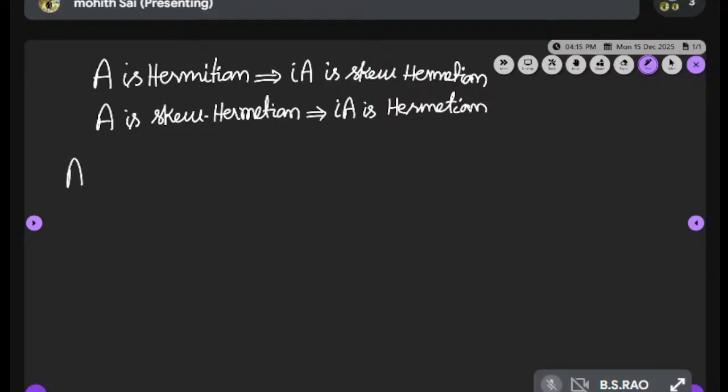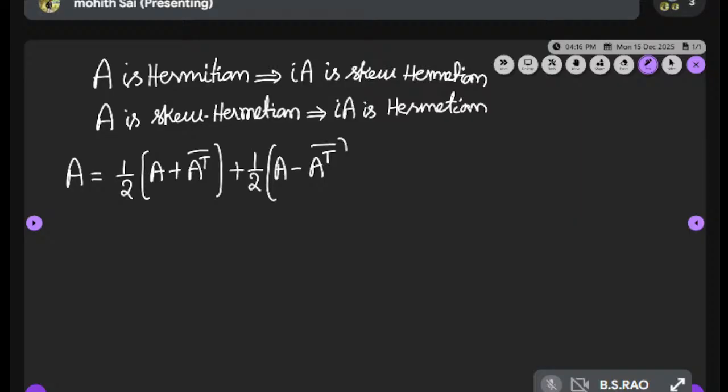Now, write an important result. Every square matrix can uniquely be expressed as the sum of a Hermitian and a skew Hermitian matrix.